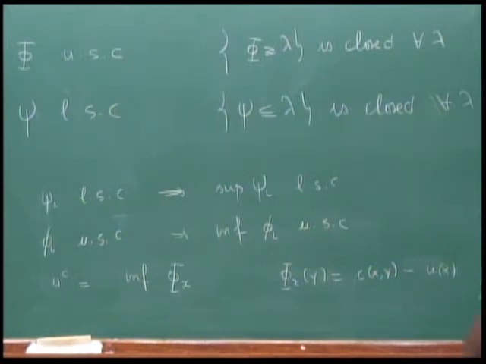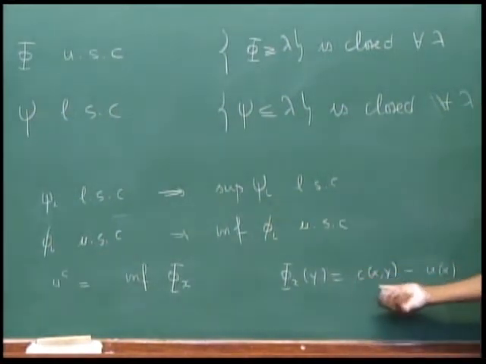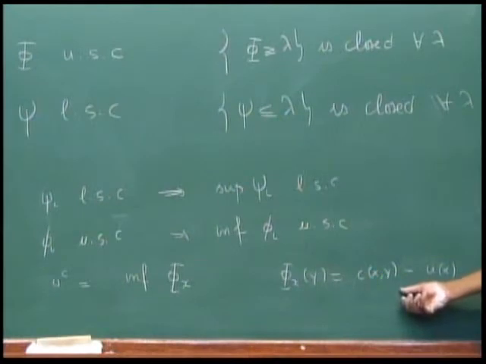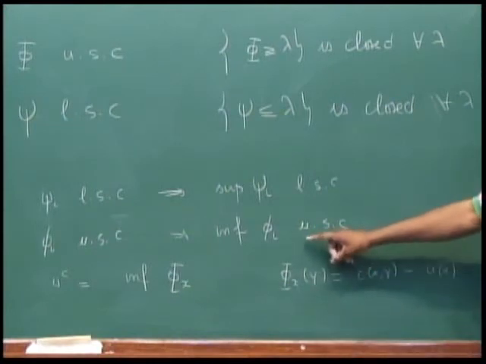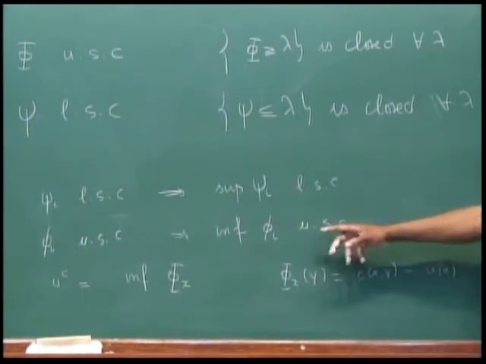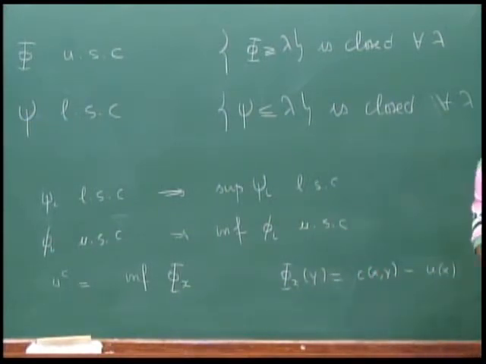This is a real number for x fixed. This is a continuous function. Therefore, it is upper semi-continuous. I have an infimum of upper semi-continuous functions. And so if I can prove this, then I will conclude that UC is upper semi-continuous.